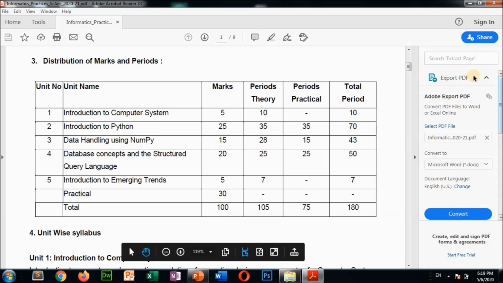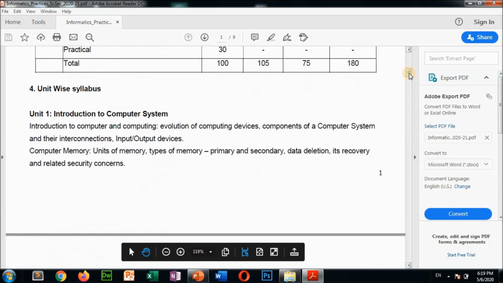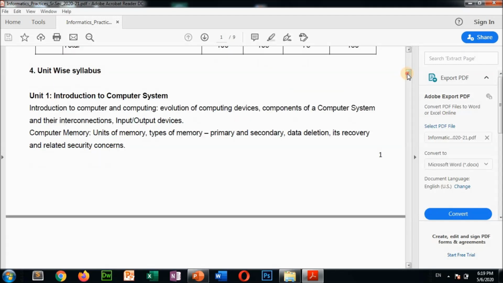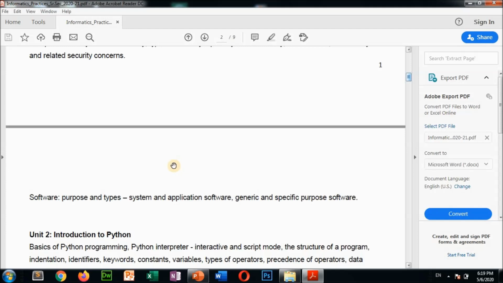So now this is unit 1, introduction to computer system. In it there is evolution of computing devices, components of a computer system and their interconnection, input output devices. That means the basic concepts, and the computer memory, basic concepts that you have to know, about software.